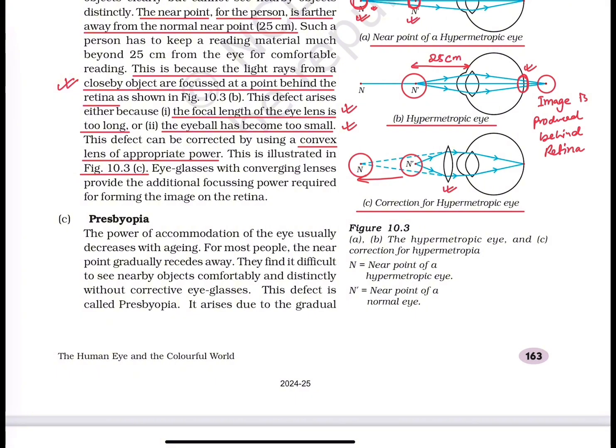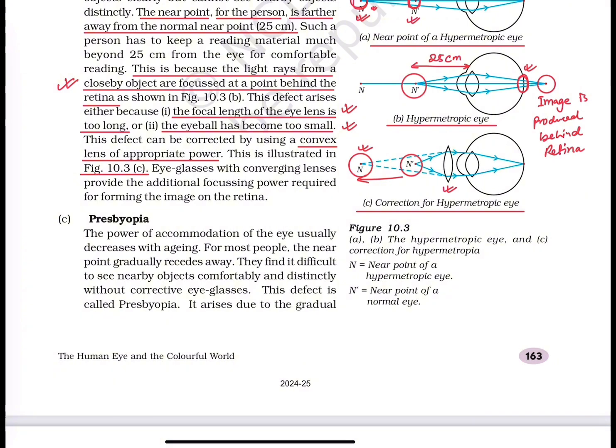So the correction lens is a convex lens, and by the use of this convex lens we are going to produce an image of the object placed at the near point to a far point which is visible to this hypermetropic eye. So that is all about the theory and the diagram.